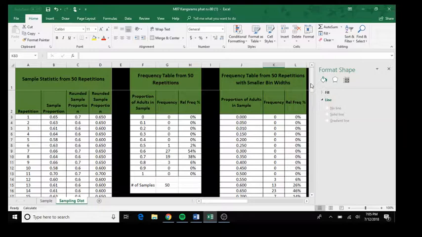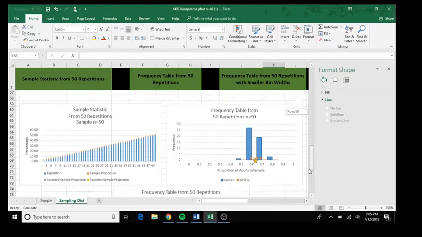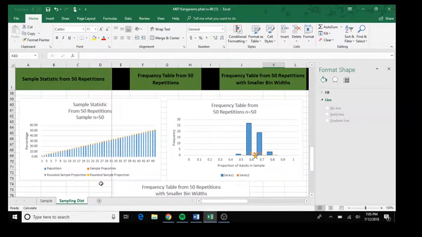So in my charts, with the mean being 0.64, I want to make sure I am putting it in the correct spot. So for both charts, my percentage for more than the mean, well, I ended up doing a histogram for all 3 charts, and as you can see, this one shows more, and it gives you the repetition, the sample proportion, and the rounded sample proportion.